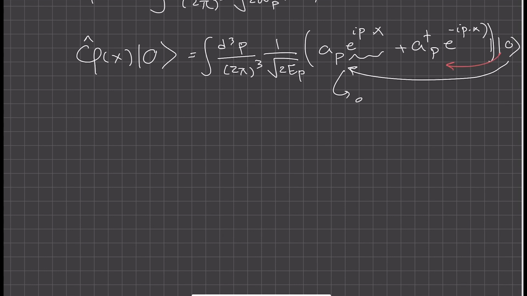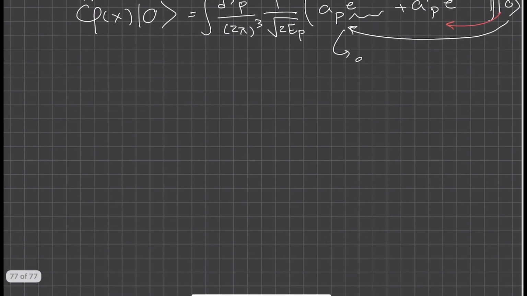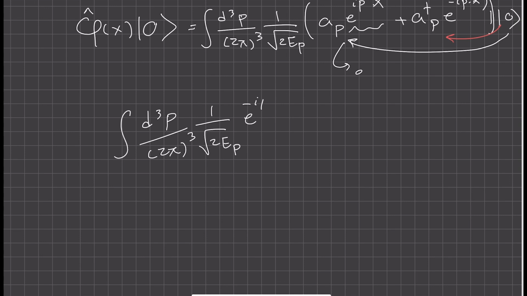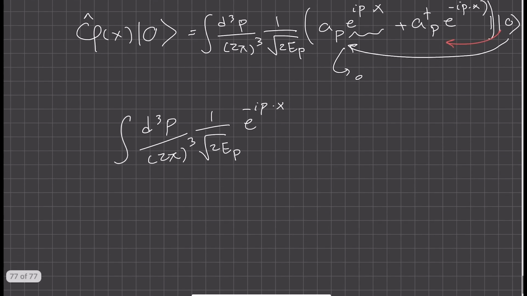Then the vacuum goes to a†_p, and the outcome is simply the integral d³p over (2π)³ times 1 over energy, and then exponential of minus i E_p, p·x. Then I have a† of p acting on the vacuum.